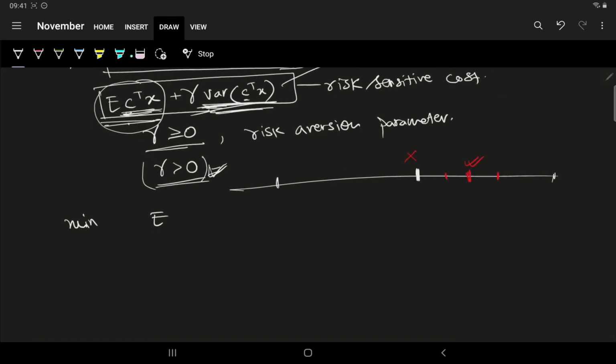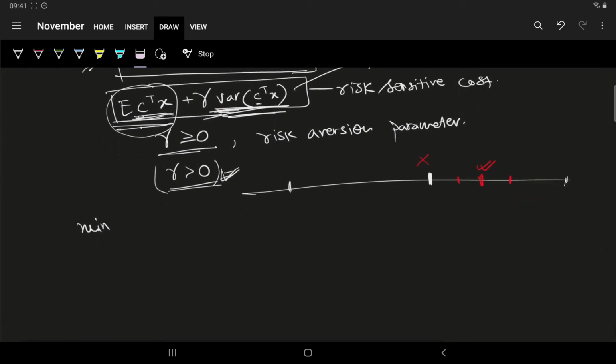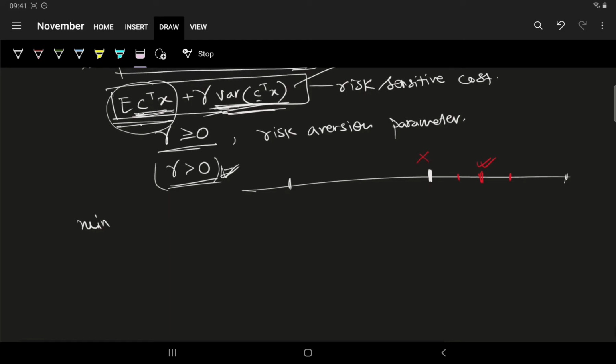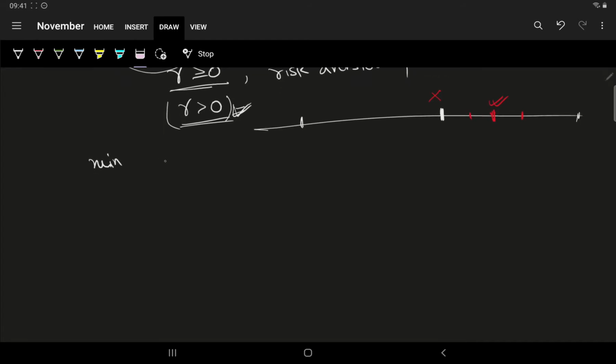So our modified cost function, taking in the variance and expectations, will be to minimize the quadratic program.